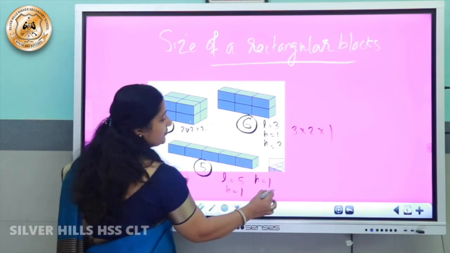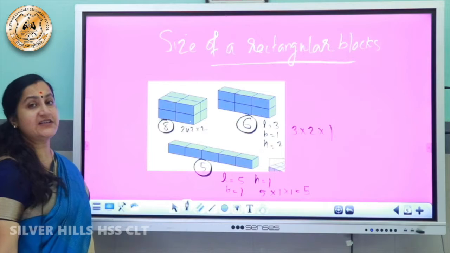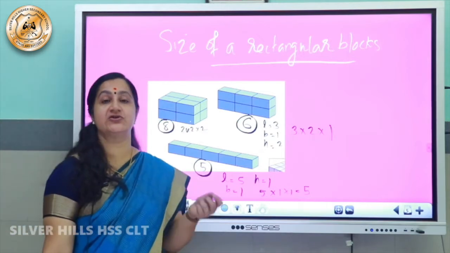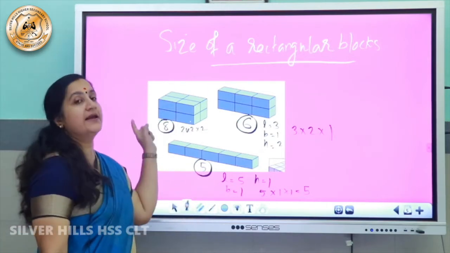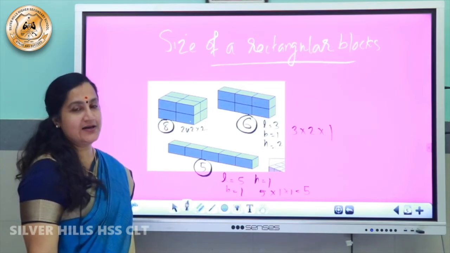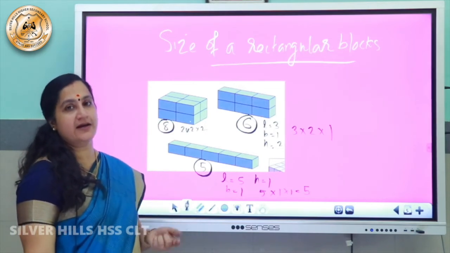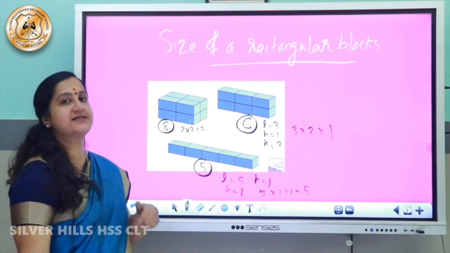So, 5 into 1 gives 5. So, this is the easy way to calculate the number of blocks in a big rectangular block. Okay. If so, will you be able to tell me the number of blocks in the next figures?